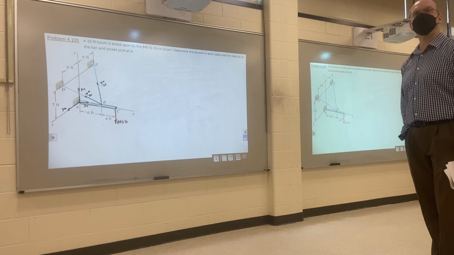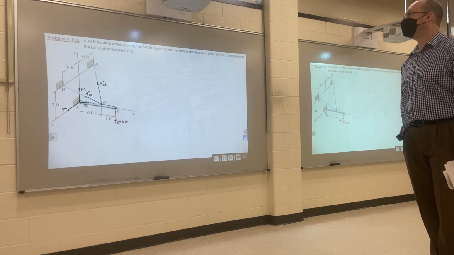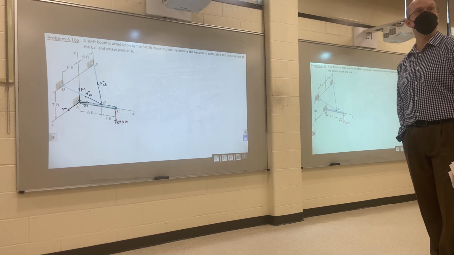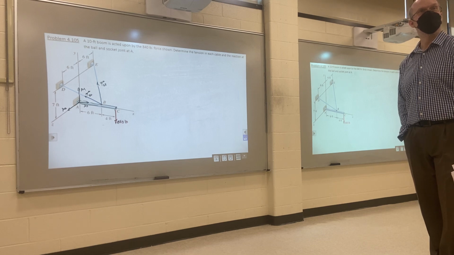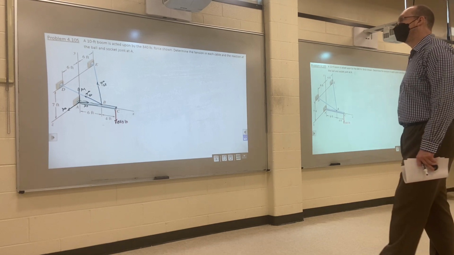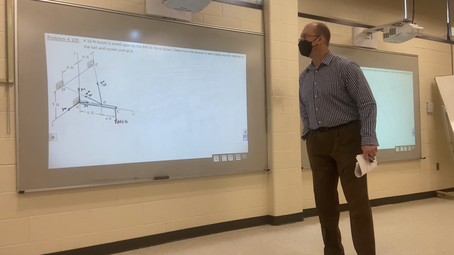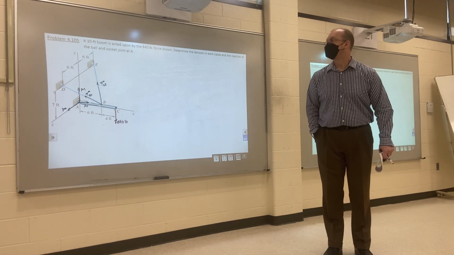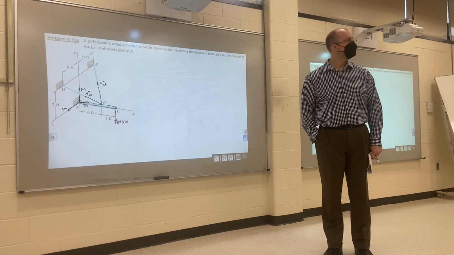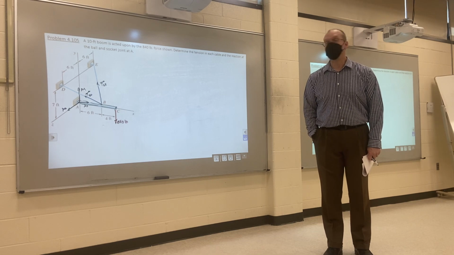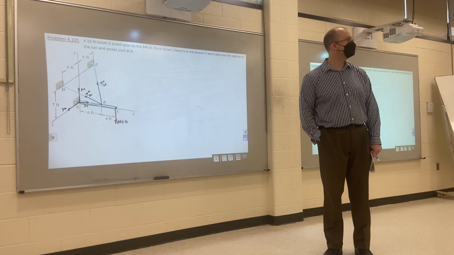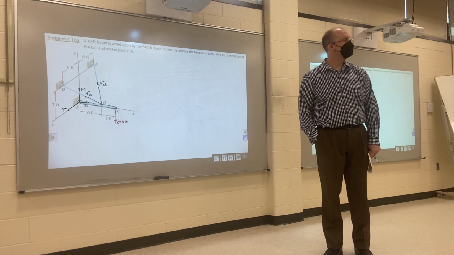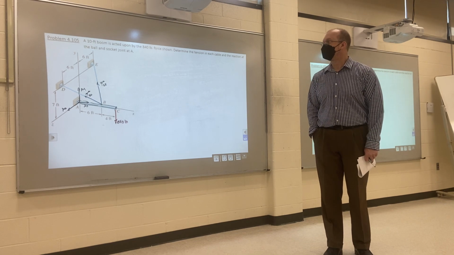So my question to you guys is, how would you go about solving this thing? We know step 1 is the free body diagram, right? What would be the next step? So, do some moments at A, get rid of the 3 forces there, and try to find the tension. Yeah, but just get maybe a step or two along the way. What would be the first thing I would want to do?